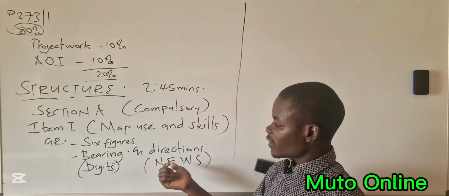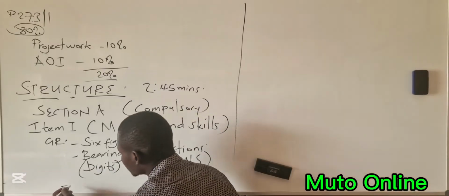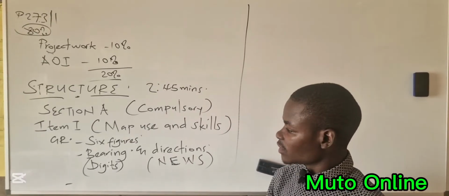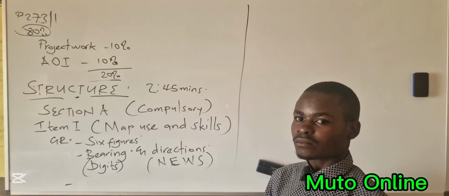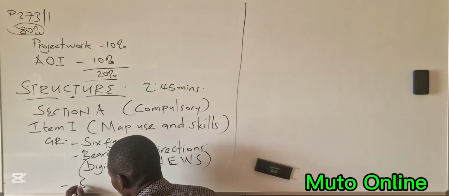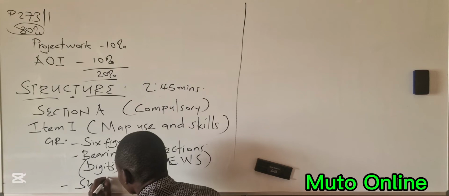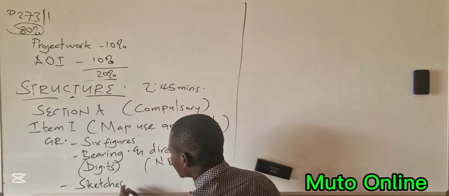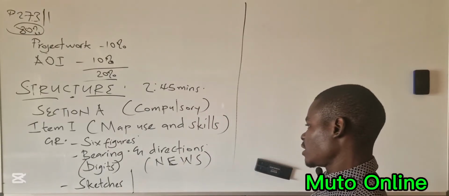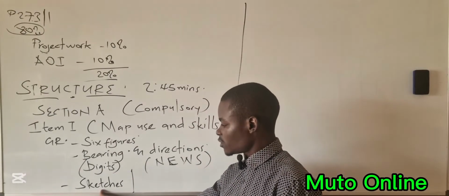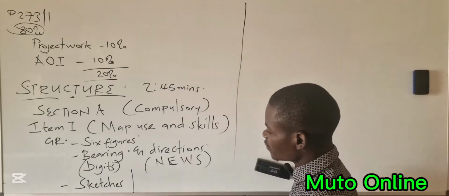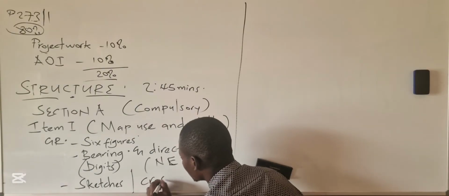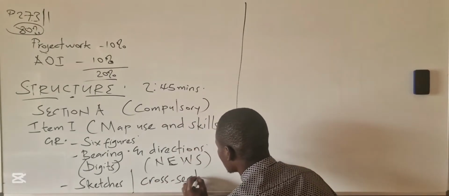Now, you may find that away from this, we also have other aspects under map use and skills. The other aspect is, don't forget about drawing sketches, or you can call them sketch maps. Then, if the question is not about drawing sketch maps, you may find that the item requires you to draw a cross section.